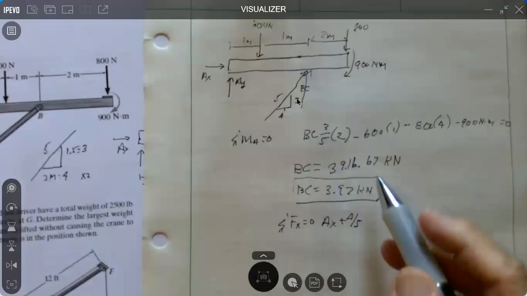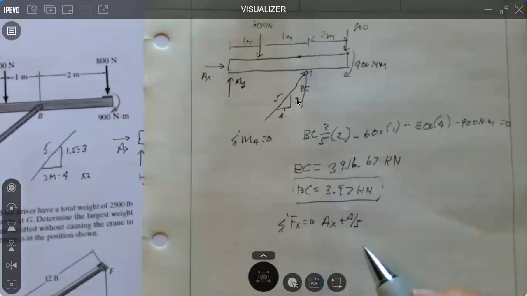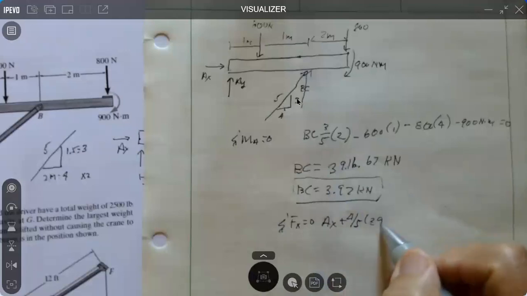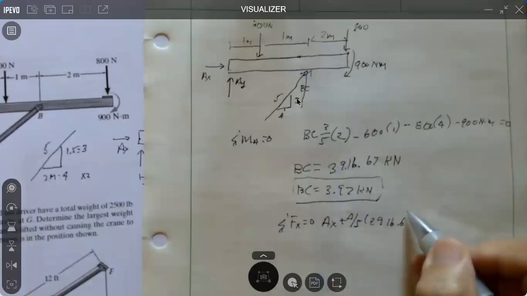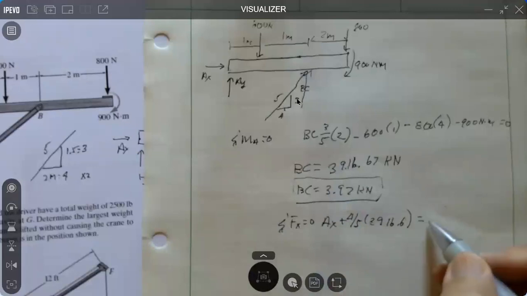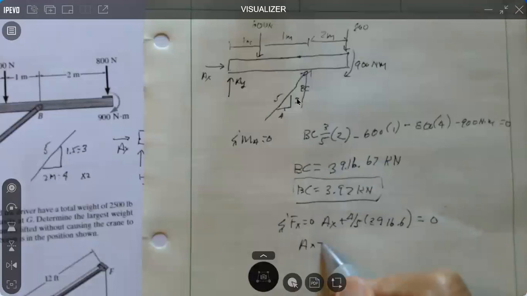Since I'm doing the calculation, I'm going to use BC as what I found using the calculator, which was 3,916.6. That's going to be equal to 0. And so A sub x then is equal to 3.13 kilonewtons.